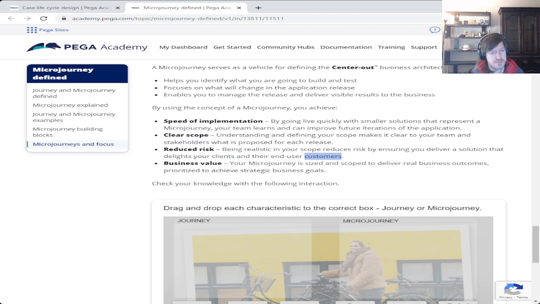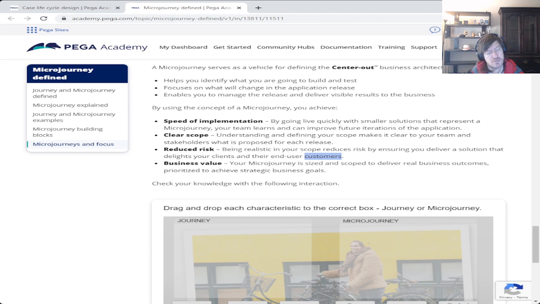So I don't know what's going on there. It's like, delights your clients. Okay, clients is essentially a customer of yours. Oh, and their end user customers. Okay.